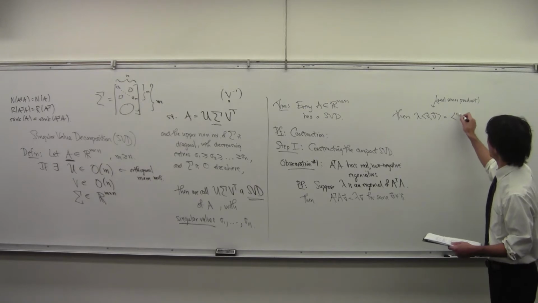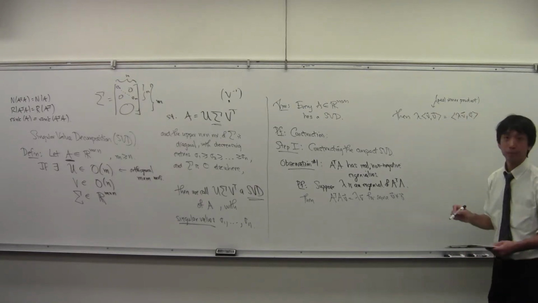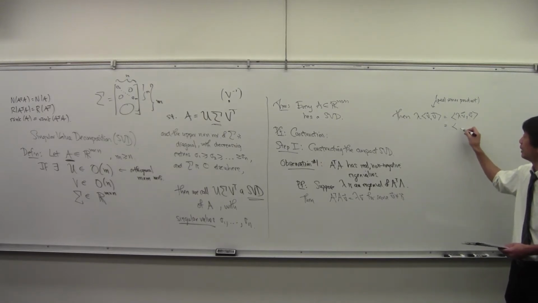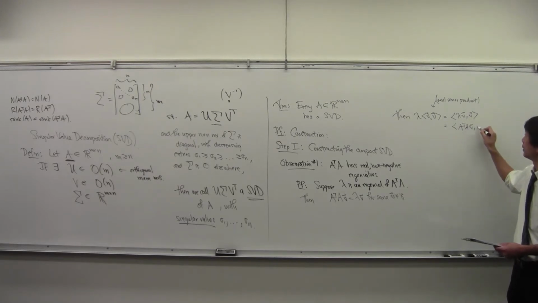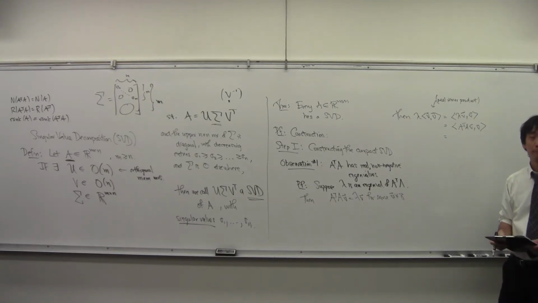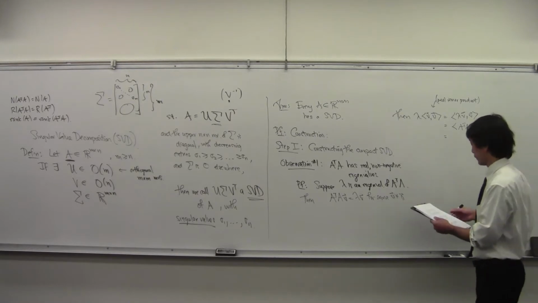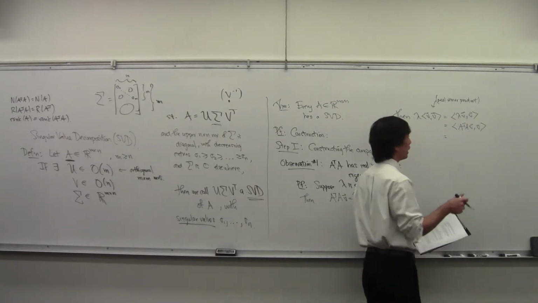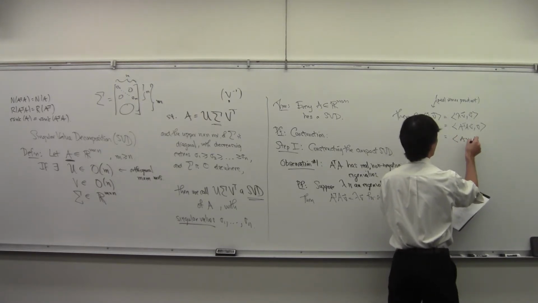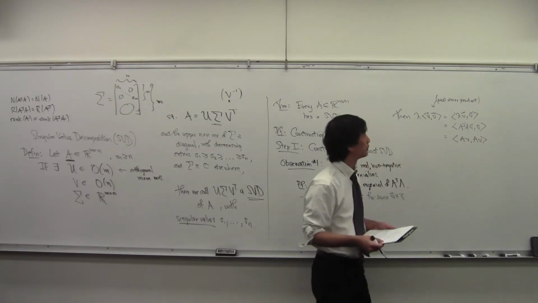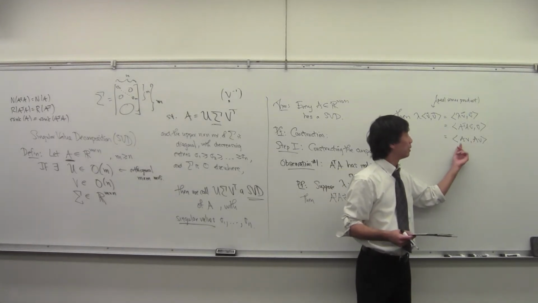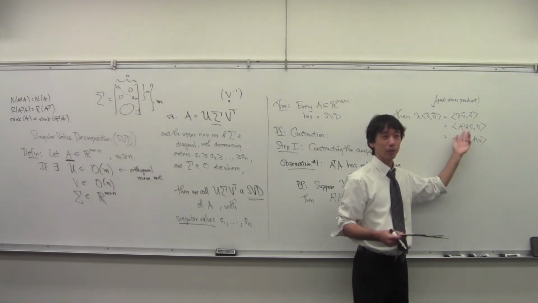I can pull the lambda inside. That's the same thing as the inner product of A^T A v with v, the same thing as the inner product of Av with Av, because of the definition of the dot product, remember?